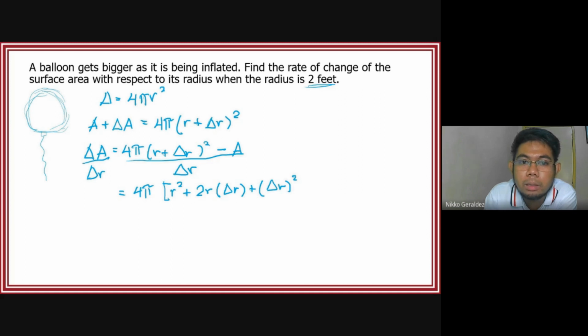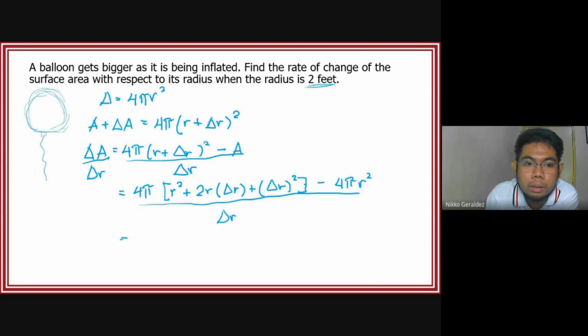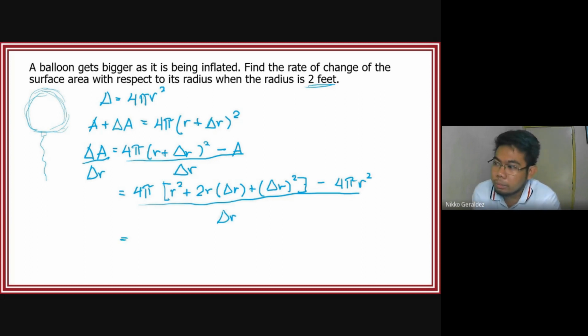Minus A, so that is 4 pi r squared, over delta r. Then distribute 4 pi.